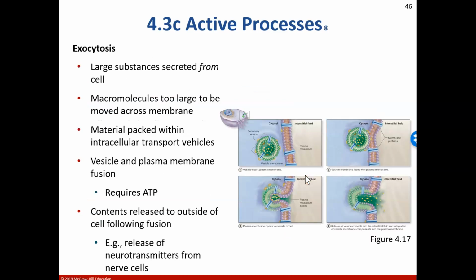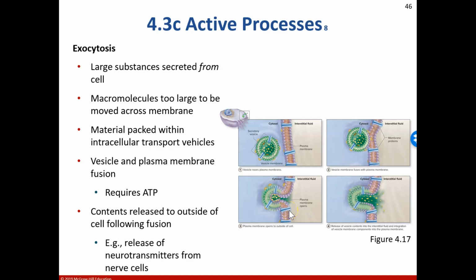So let's look at exocytosis first. This is when we have large substances that are secreted from the cell, and our macromolecules are going to be too large to move across the membrane on their own. So we put them into the secretory vesicle, and then we'll have that vesicle kind of bud up to that plasma membrane, and we will get a fusion of that vesicle with our plasma membrane.